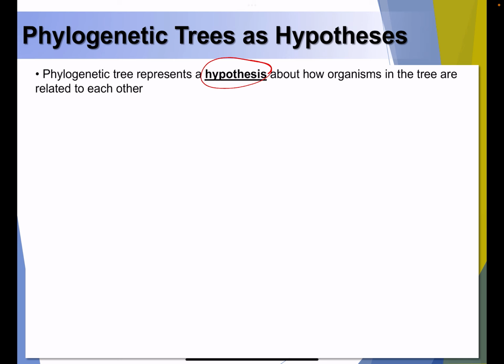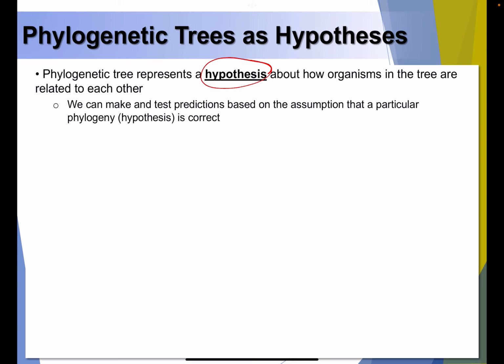It's just a hypothesis based on what we can know about these species, because there could be things we don't know yet today. But based on what we currently know, this is the best hypothesis we can come up with. So that's why they can always change with time, or when more information is known about certain species, or if new fossils were found, let's say.